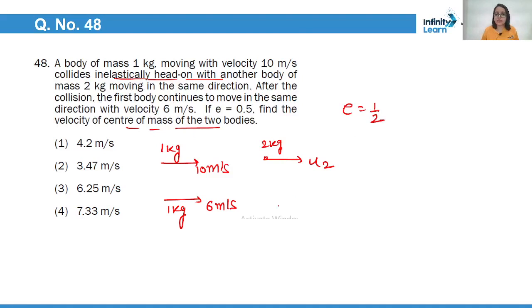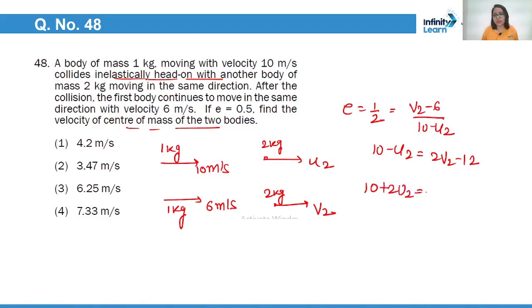So coefficient of restitution, let's say after collision, velocity of second mass is V2. So it is velocity of separation, that is V2 minus 6 divided by velocity of approach, that is 10 minus U2. So 10 minus U2 is 2V2 minus 12, right? Now conserve the momentum. So 10 plus 2U2 is equal to 6 plus 2V2.